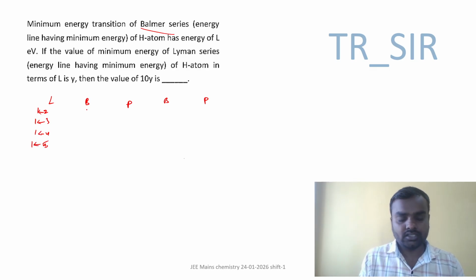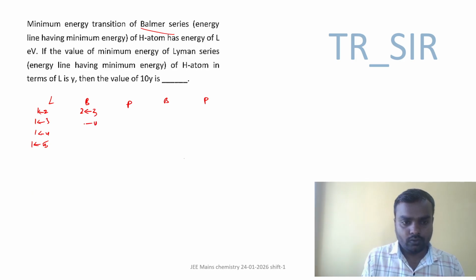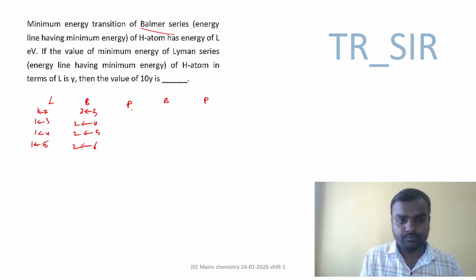The Balmer series starts from the second level. So 3 to 2, 4 to 2, 5 to 2, and 6 to 2. Lyman, Balmer, Paschen: here 4 to 3, 5 to 3, 6 to 3.